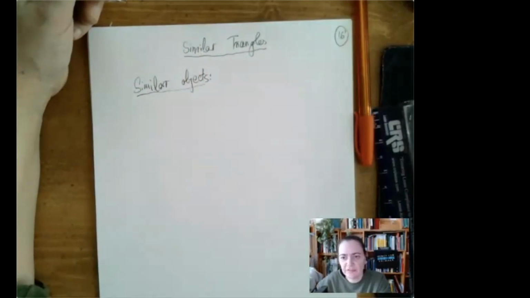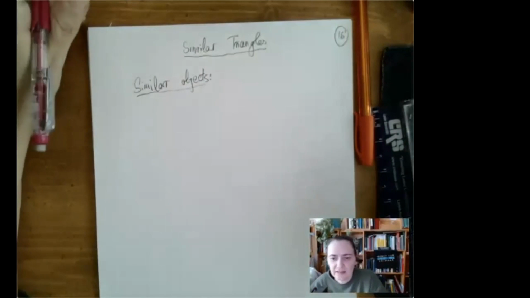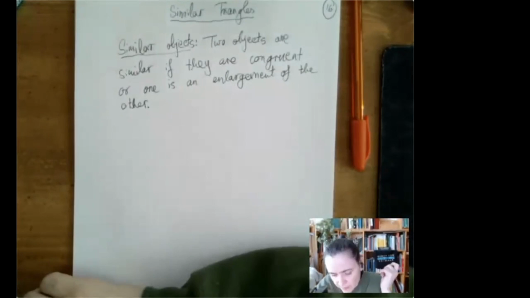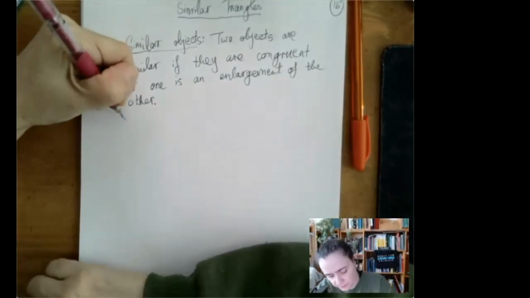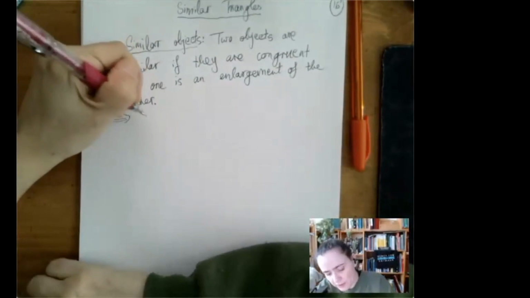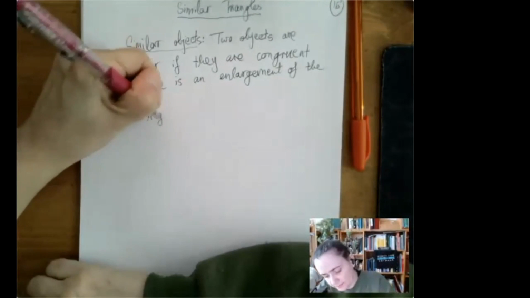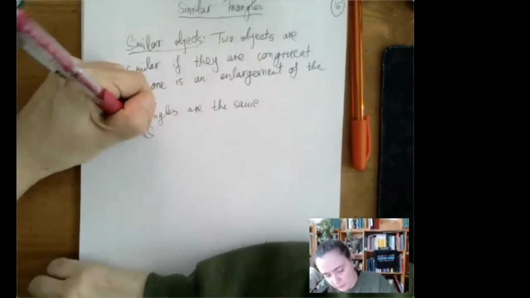So one can be reflected, rotated, and translated into the other one, basically identical. Or one of them is an enlargement of the other. That, in general, implies two things. One, angles are the same, and sides are proportional.